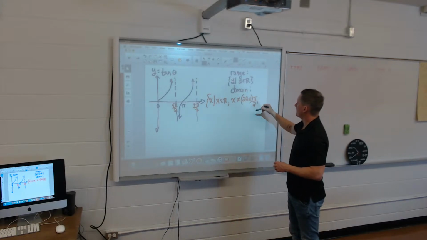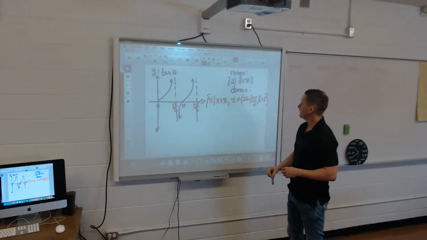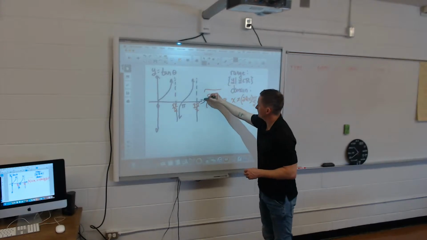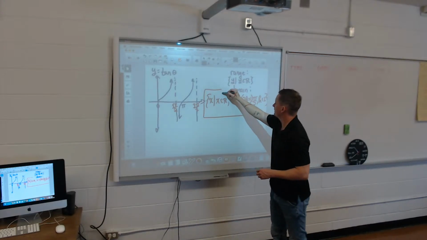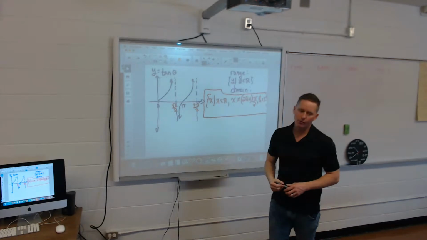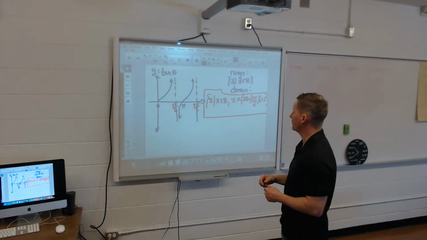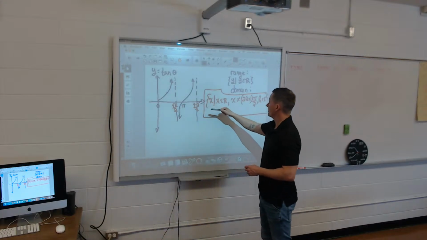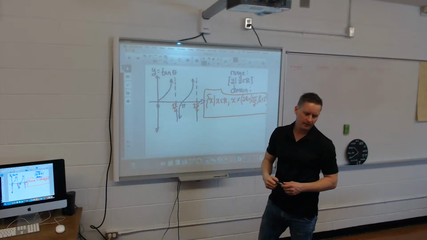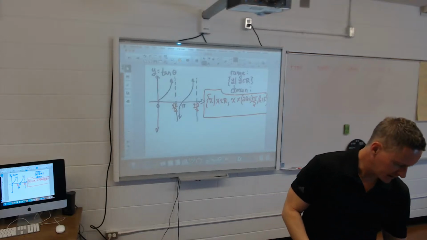That makes it an odd number, and then I have to write k as an integer. So this is probably the most complicated thing that you're going to do when it comes to graphing the tan function, is writing out your domain.